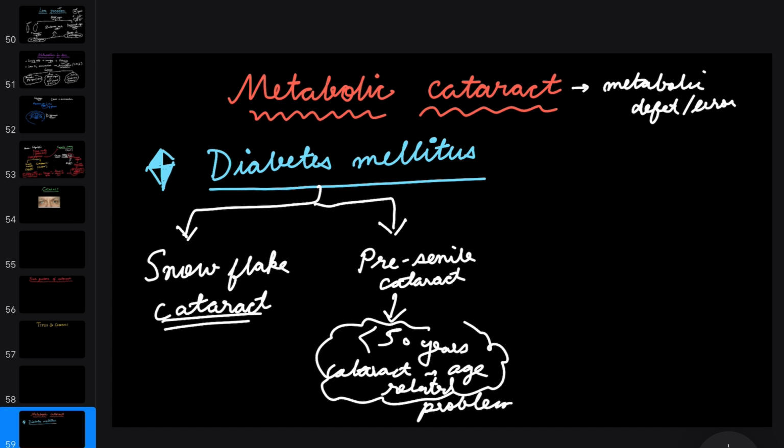The pathology is that increased age. So basically this cataract is exactly like senile cataract, except it is happening in a pre-senile person, that is in a person less than 50 years of age.